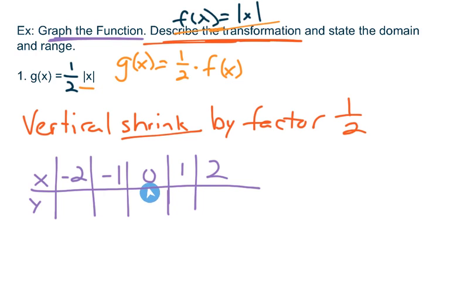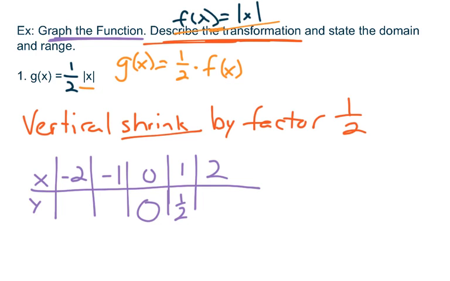So we take the absolute value of 0, which is still 0. 0 times 1/2, or half of 0, is still 0. This one's not going to change. Let's see. Absolute value of 1 is 1. Half of 1 is 1/2. What I hope you're noticing is that we can reflect this. These are going to be the same.